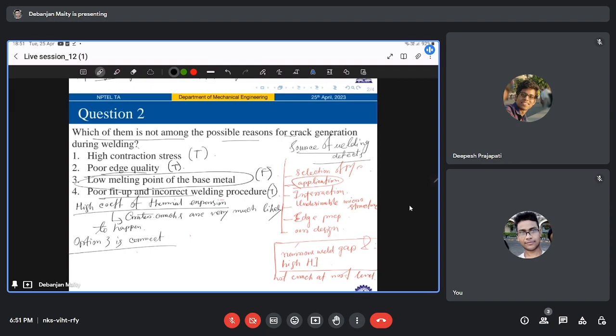Anyhow, now coming to this incorrect weld profile. Normally, what you see is that in case of fillet weld, there are different kinds of weld profiles actually.